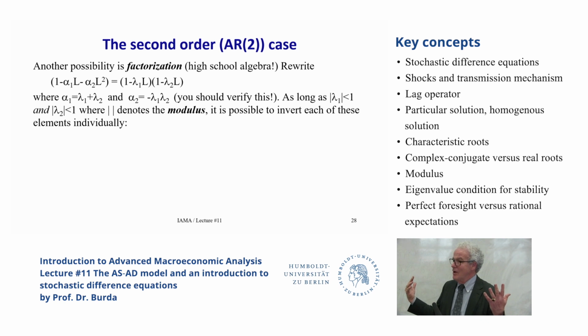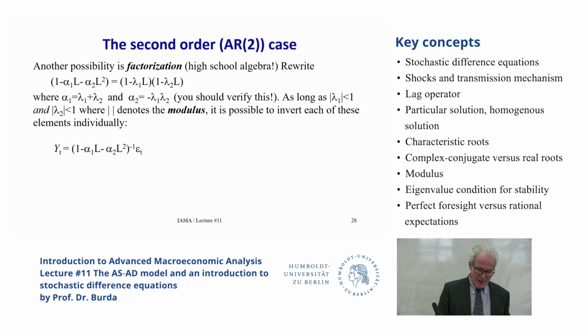That's the problem. So we're going to require that lambda 1 and lambda 2 are small in some sense. Before, I required that alpha was less than 1 in absolute value. So it's a similar logic, but it's a little bit more complicated. It's going to involve an absolute value of a number which we call the modulus. So that's a word you have to remember, okay?